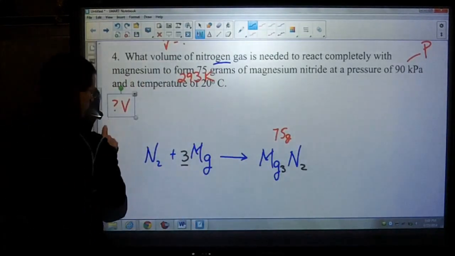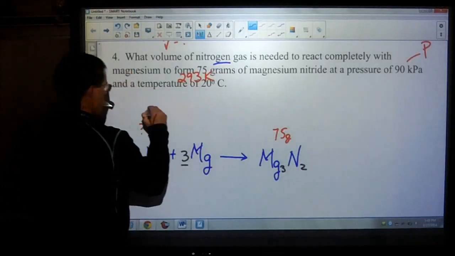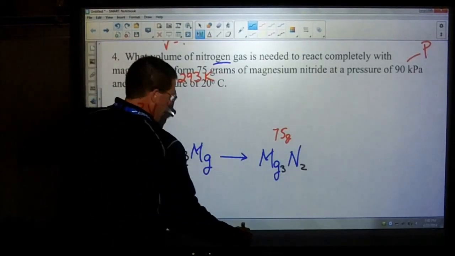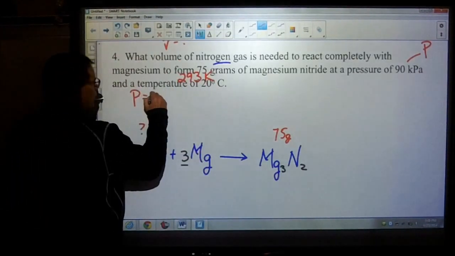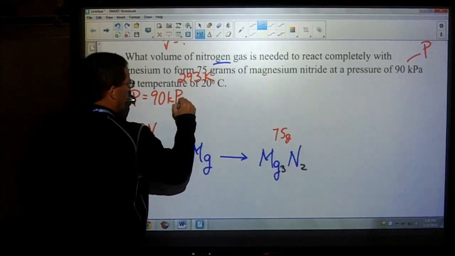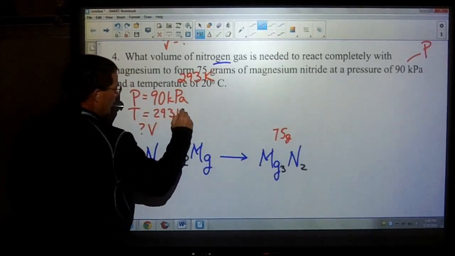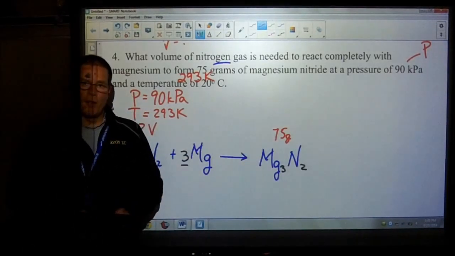Pressure is equal to 90 kilopascals, and temperature is equal to 293 Kelvin. We also had that information in addition to the 75 grams.